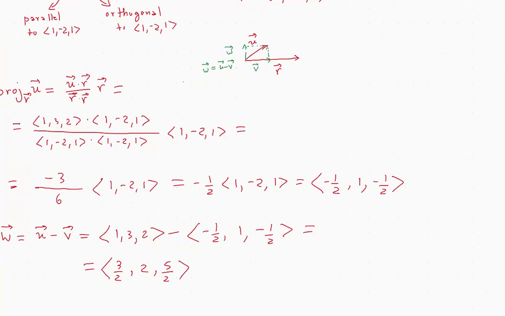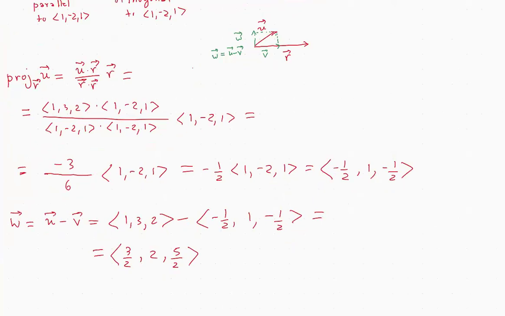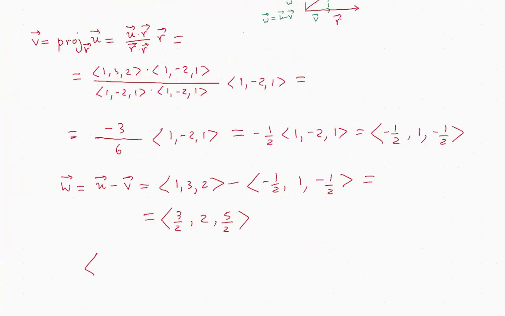And so we have, finally, our answer is that the vector 1, 3, 2 is negative 1/2, 1, negative 1/2, plus 3/2, 2, and 5/2.